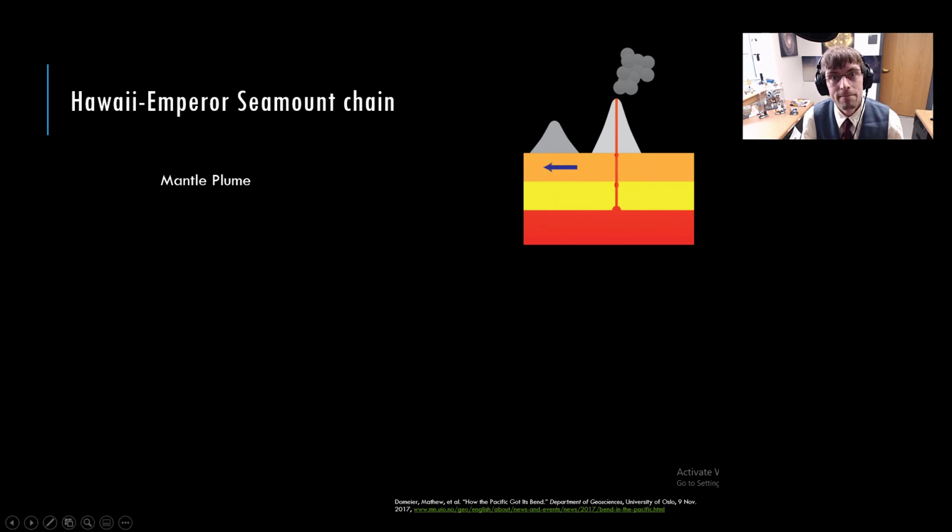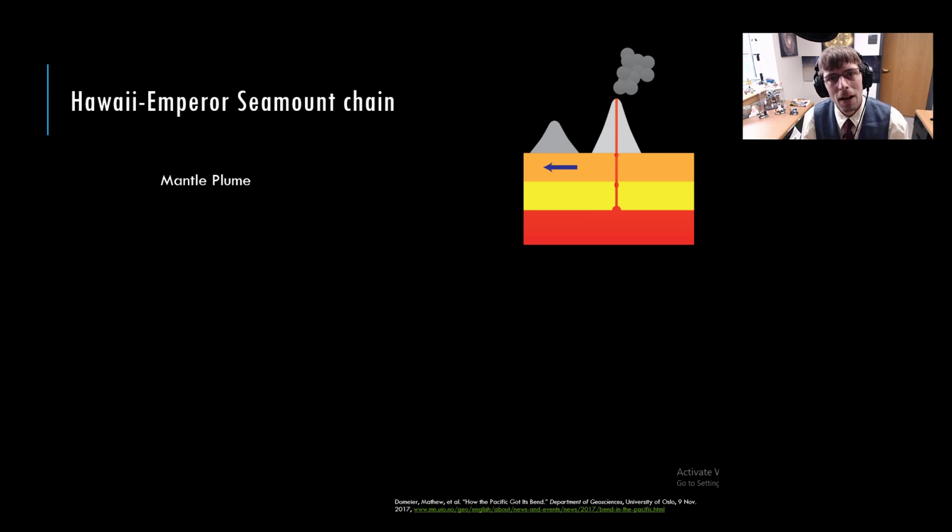Okay. Now, what happens? Okay, for the Hawaii Emperor Seamount Chain, the mantle itself is not a single temperature. Okay? Usually, the convection currents help move stuff around and keep stuff kind of reasonably stirred. But the Earth is huge. Okay? You're not going to get this uniform temperature all over the place. So what happens is underneath Hawaii in particular, there is a mantle plume.